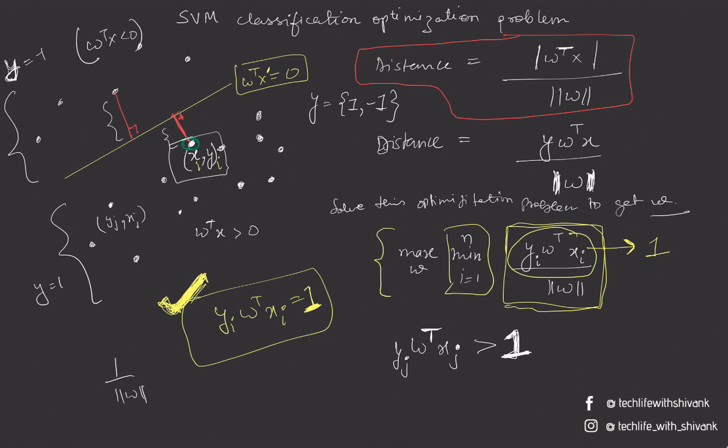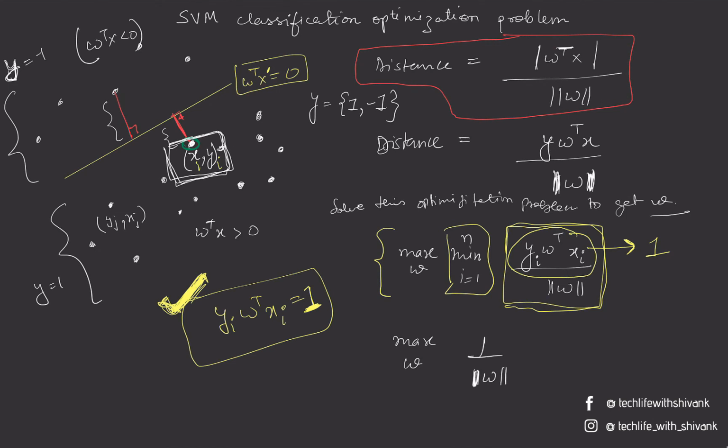And hence the problem reduces to finding a w such that the distance of the point nearest to the boundary is maximized from the hyperplane, and we have seen that this distance is 1 by mod w, and we have to maximize that.